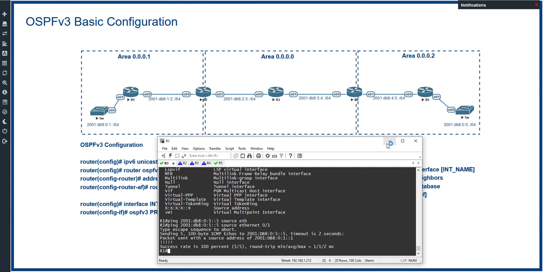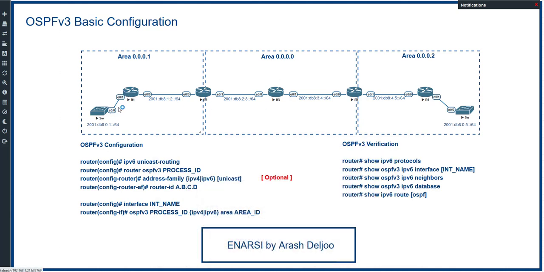Now you know that R1 is sending OSPF hello packets on the ETH01, and also R5 is sending hello packets on the ETH01. But on the LAN of router 1 and on the LAN of router 5 we don't have any neighbor, and we don't expect to find any neighbor.